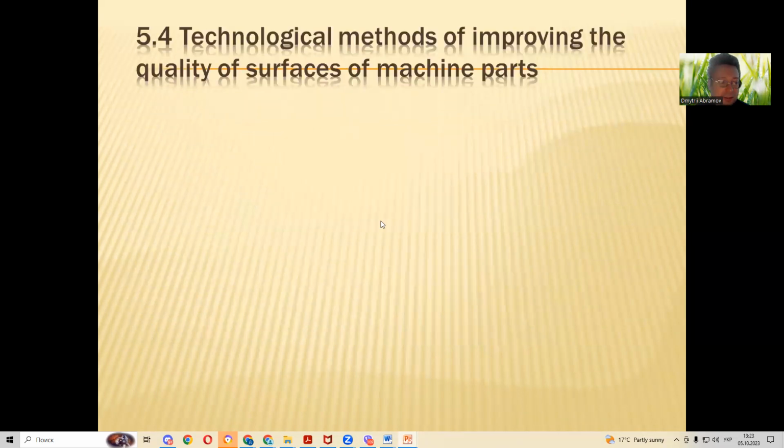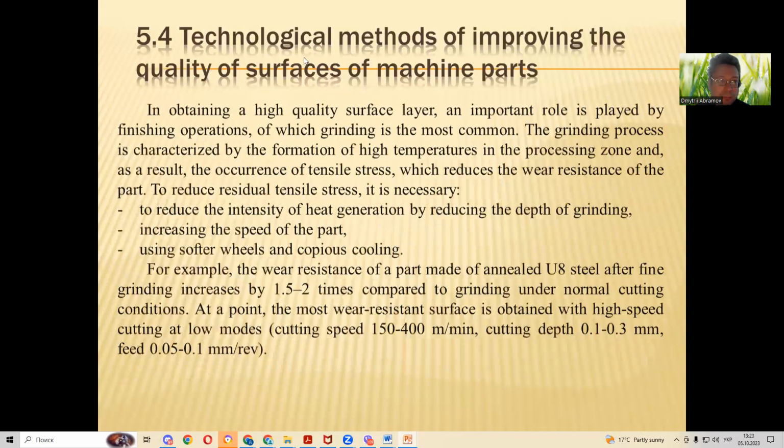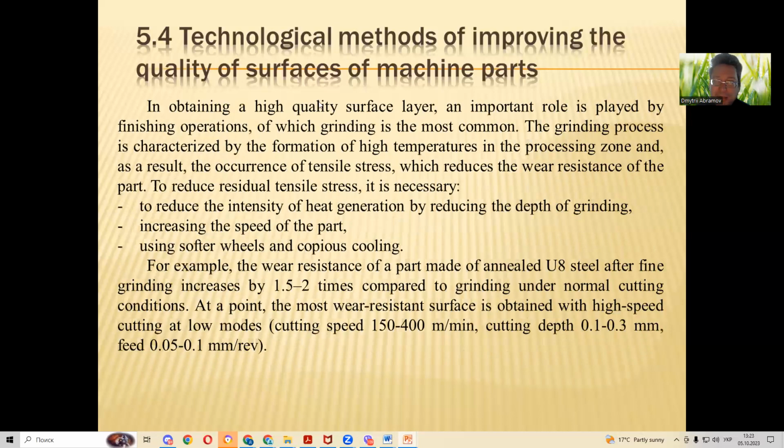And the last item of our lecture, 5.4, technological methods of improving the quality of surfaces of machine parts. In obtaining a high quality surface layer, an important role is played by finishing operations, of which grinding is the most common.